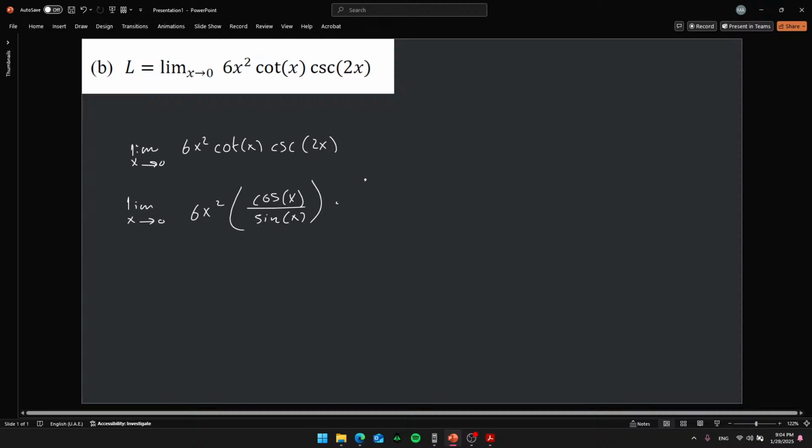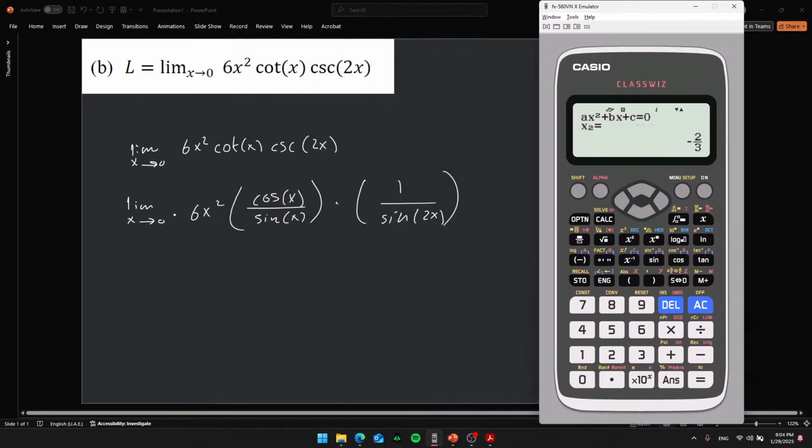Times cosecant, which is 1 over sine of 2x. Let's go ahead and plug this into our calculator. 6x squared cosine x sine x.